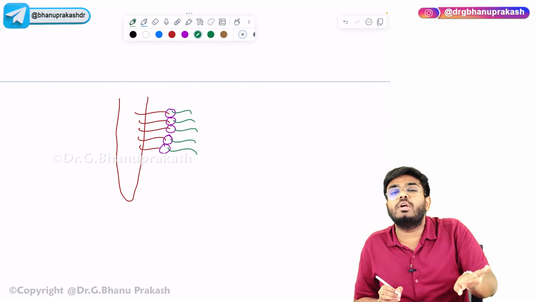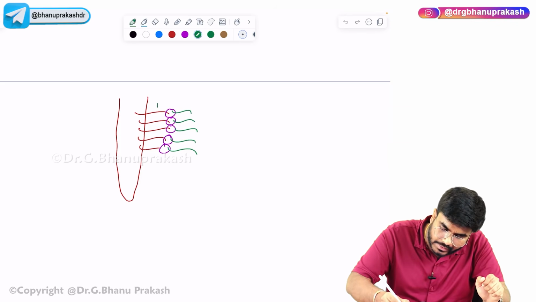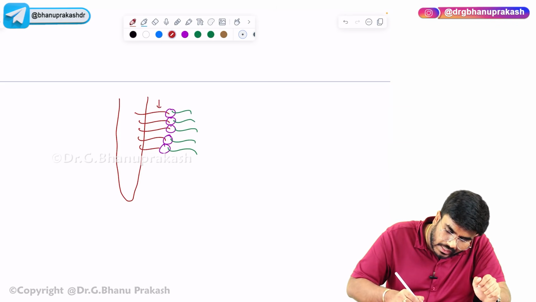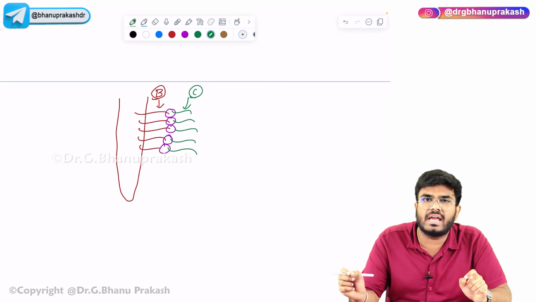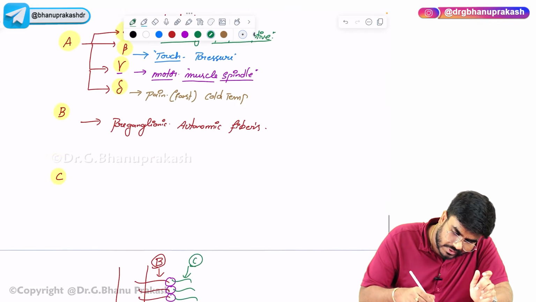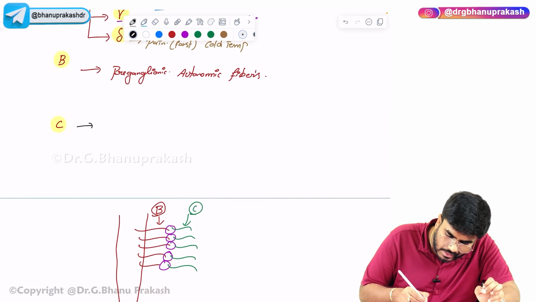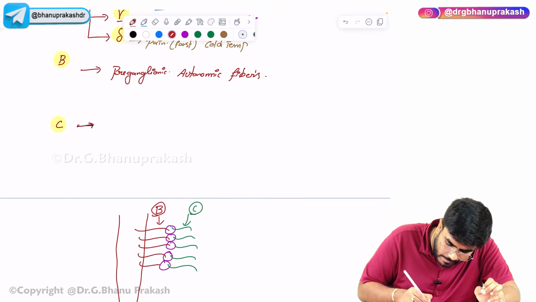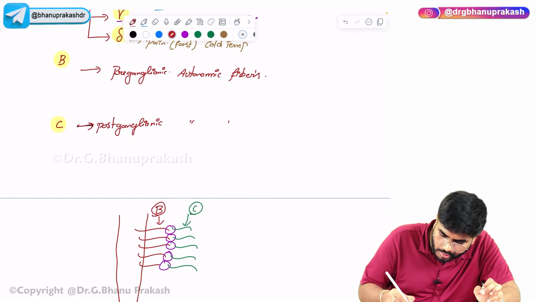The preganglionic fibers are slightly myelinated, so they come under B type of fibers. These postganglionic fibers are not myelinated at all. They have very small diameter, so they are called C type of fiber. So B fibers are preganglionic autonomic fibers and C fibers are postganglionic autonomic fibers.